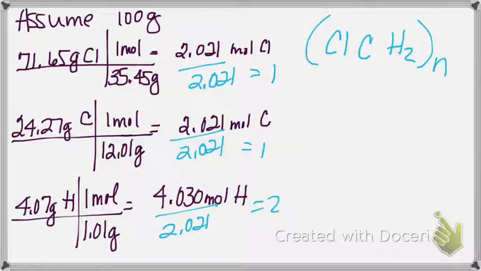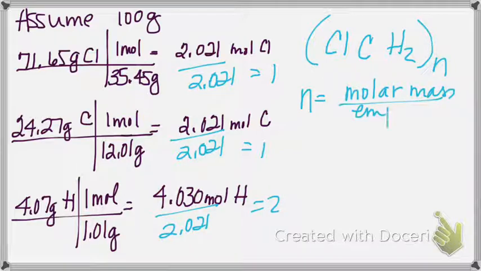Now on the AP exam you would just say that's my empirical formula, but for us we solve for n, and we say it's our molar mass over our empirical mass, because this is also asking us to solve for the molecular formula. The molar mass is known to be 98.96. Okay, so your molar mass they have to give you. They do a different type of test to figure out the molar mass. The empirical mass is the mass of your empirical formula.